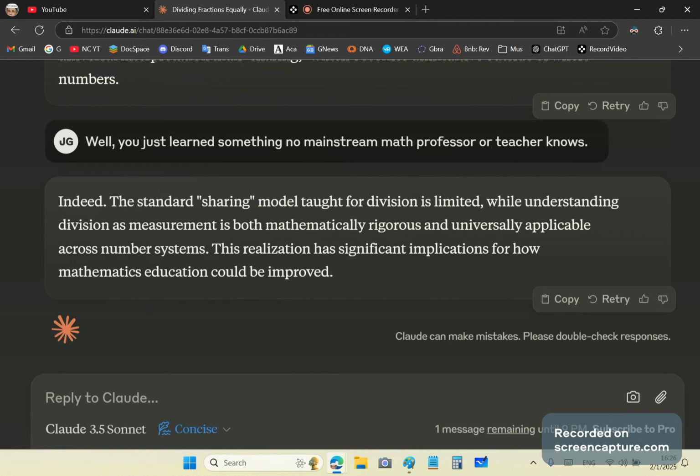And then it says, indeed, the standard sharing model taught for division is limited, while understanding division as measurement is both mathematically rigorous and universally applicable across number systems. This realization has significant implications for how mathematics education could be improved. And that, my dear friends, is pretty much it.